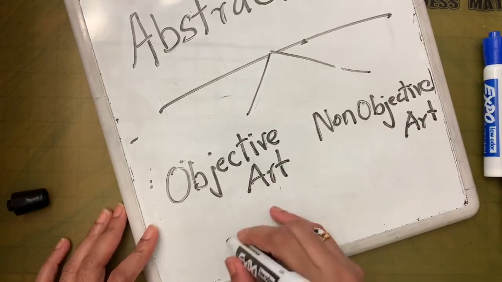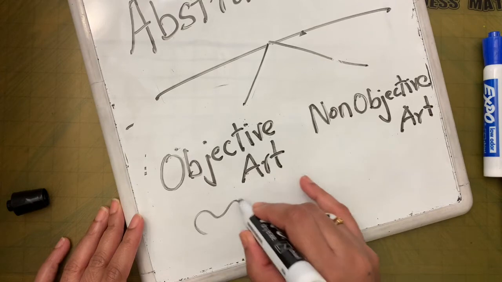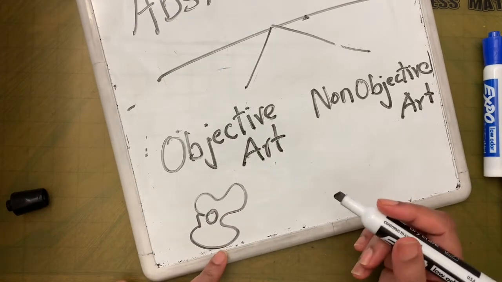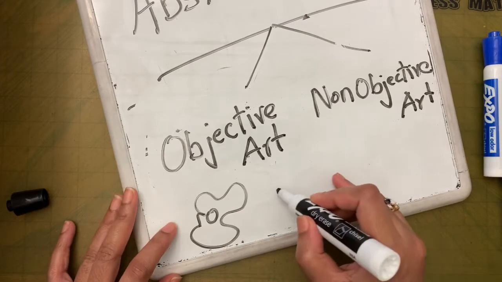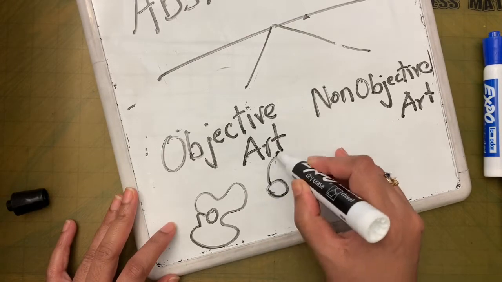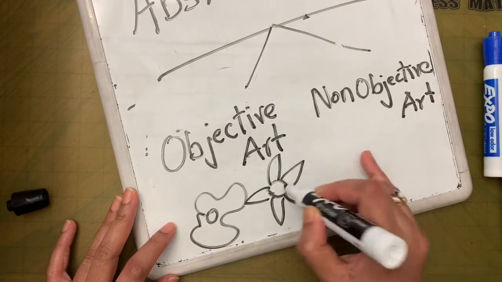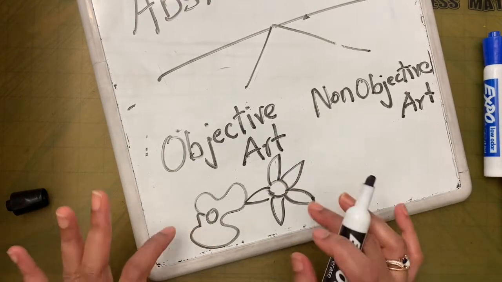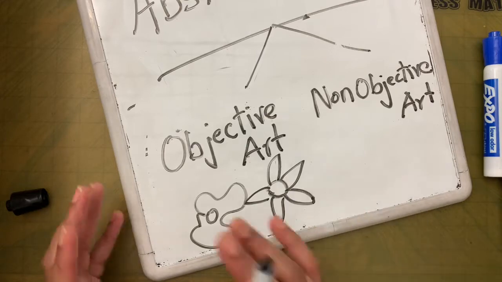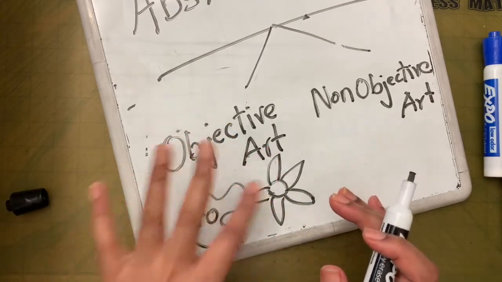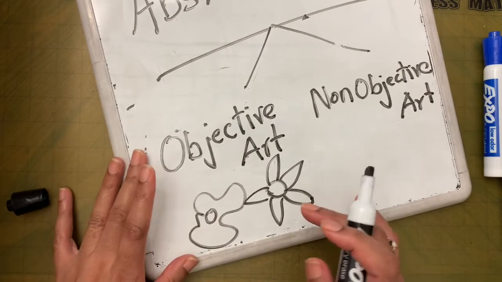So here, for example, what does this look like? It may not look exactly like a flower, but I have used shapes and things to show that this is a flower, so you can recognize it, right?